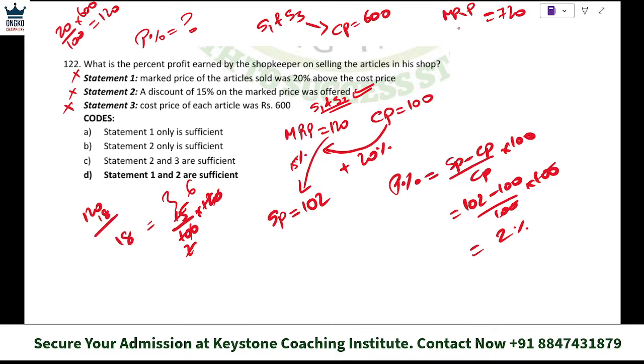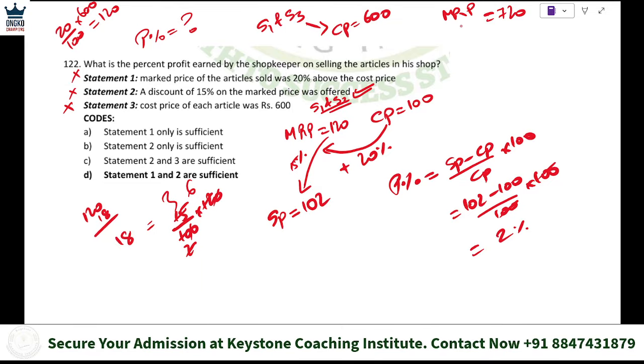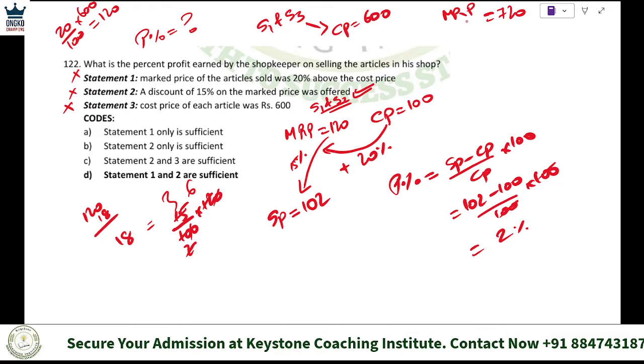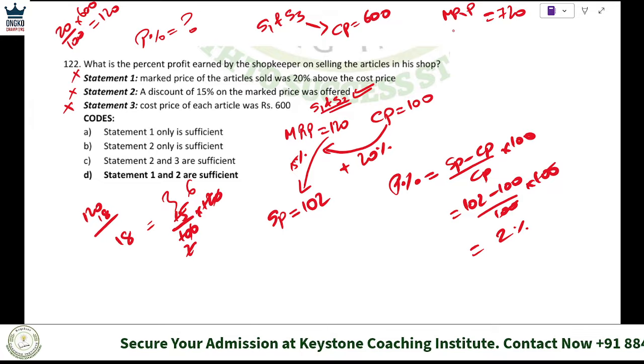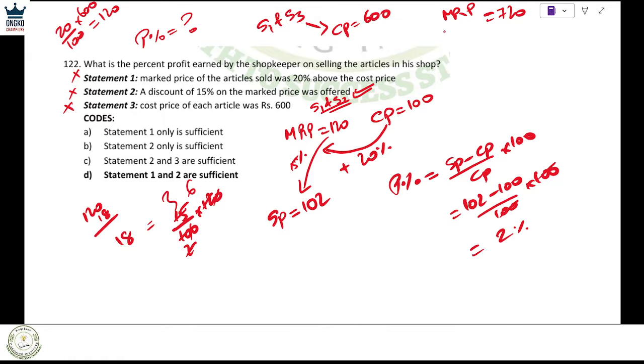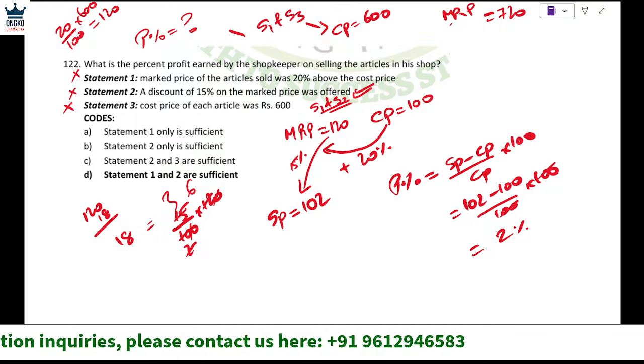Sometimes market price can be the selling price if it is mentioned in the question, but here it is not. We can only find the profit if we know the cost price and selling price. So statements 1 and 3 are not possible.